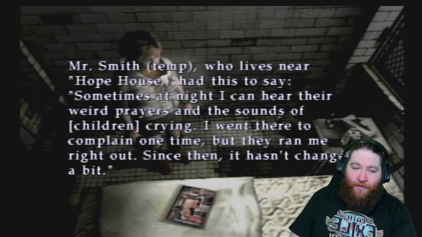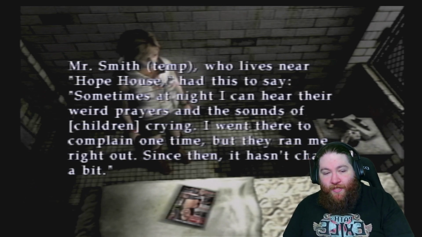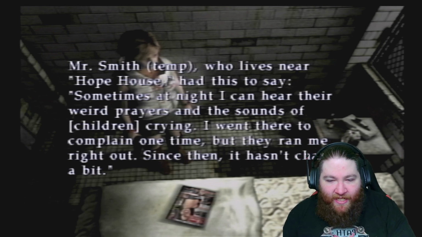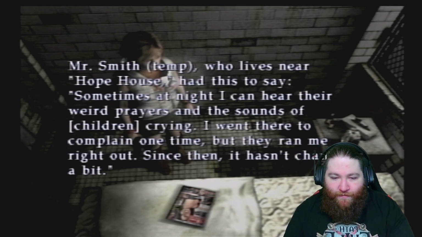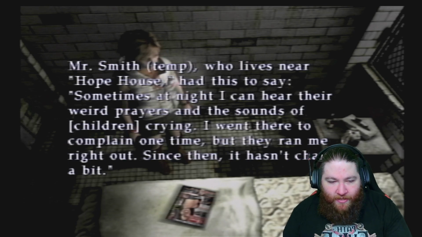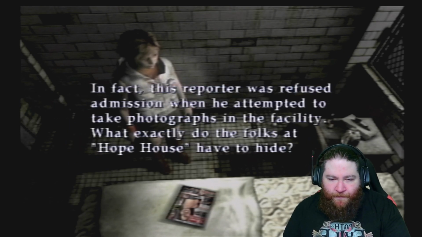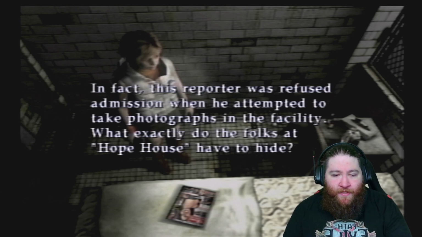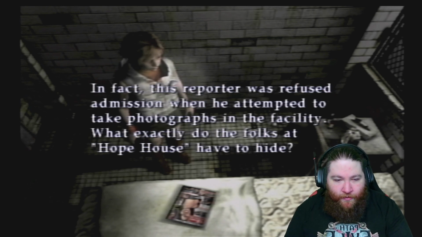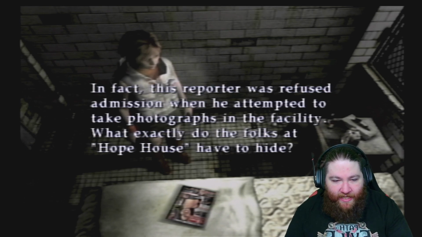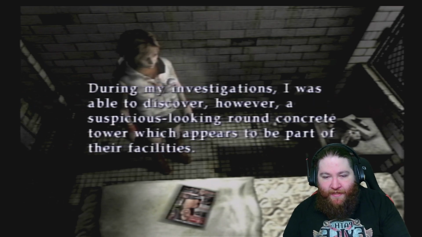Mr. Smith, temp, who lives near Hope House, has this to say. Sometimes at night I can hear their weird prayers and their sounds of children crying. I went there to complain one time, but they ran me out. Since then, it hasn't changed a bit. In fact, this reporter refused admission when he attempted to take photographs in the facility. What exactly do folks in Hope House have to hide?